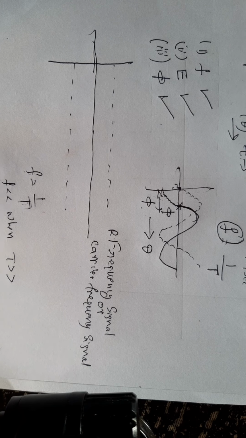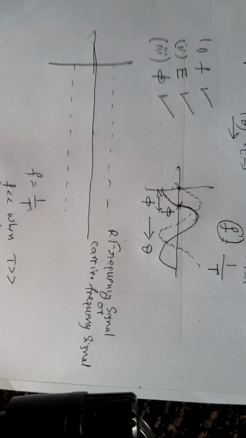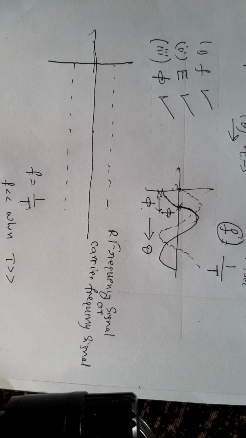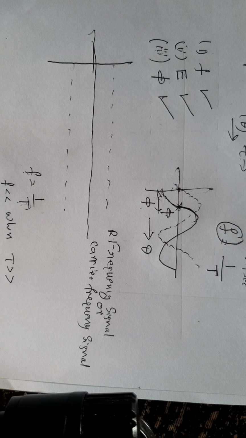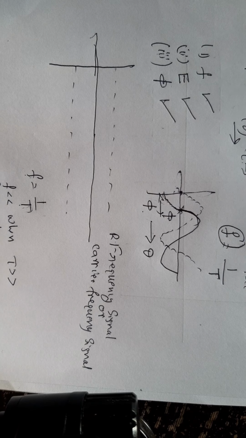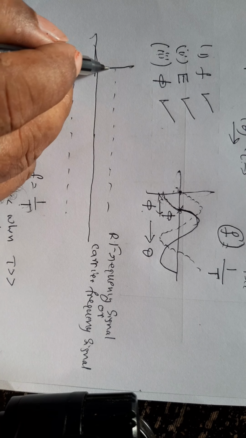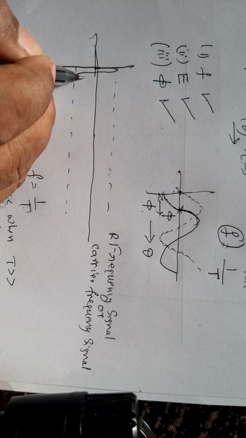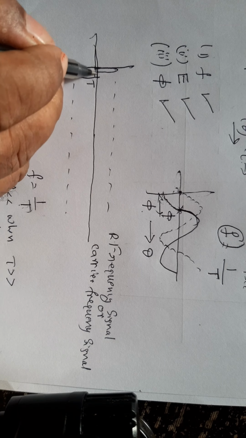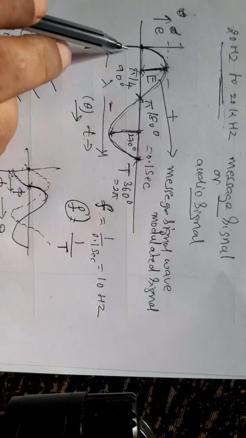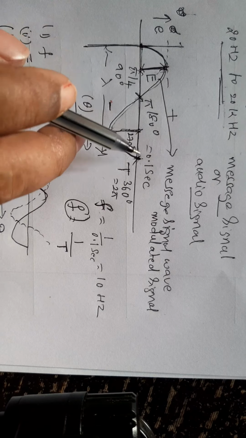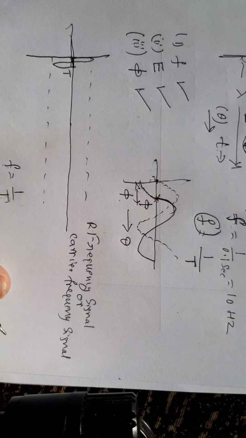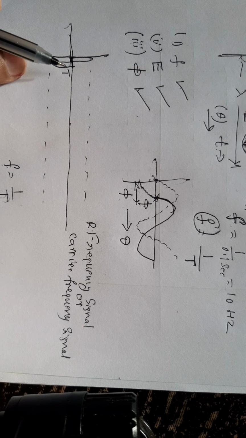The frequency is very large when T is very small. Therefore, I will write one complete wave of radio frequency with a small period. See this, where T is very small compared to this. Therefore, this represents the message signal and this represents the carrier signal.